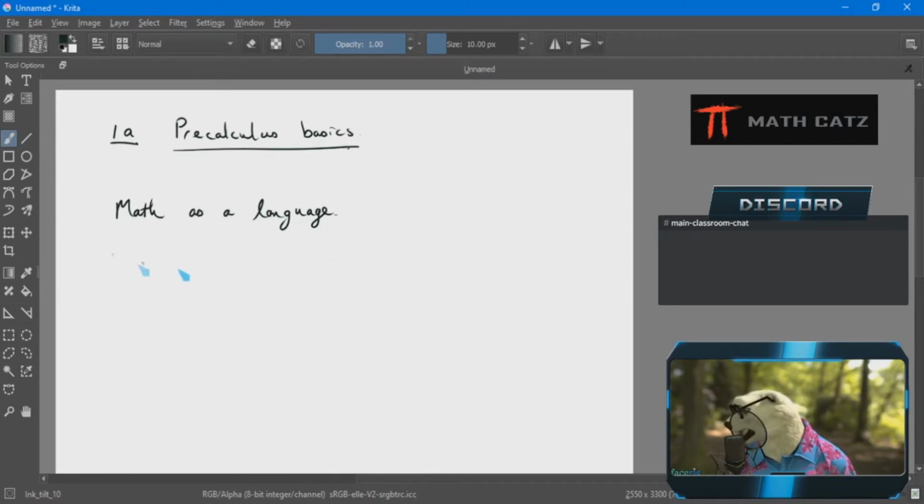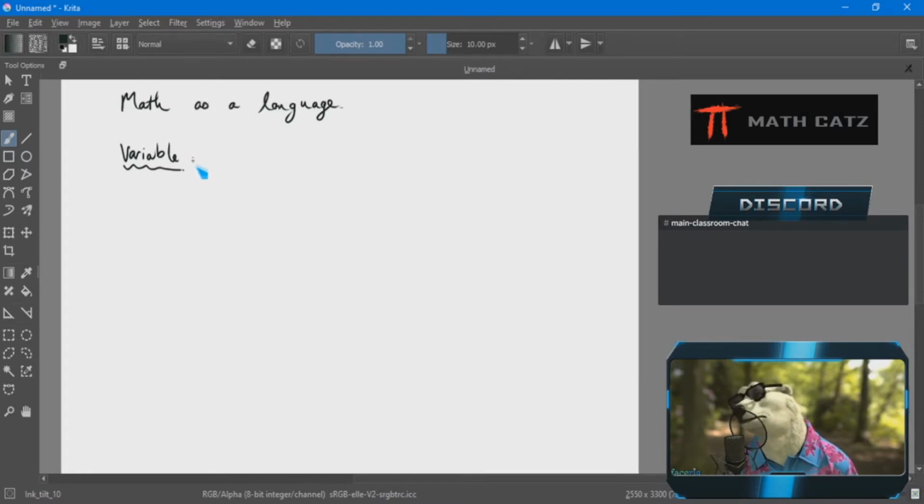So in that language, we have certain components. The first one is the concept of a variable. This is introduced fairly early in your school career, but we tend to think about variables just as X or Y and not really think about what they actually mean.